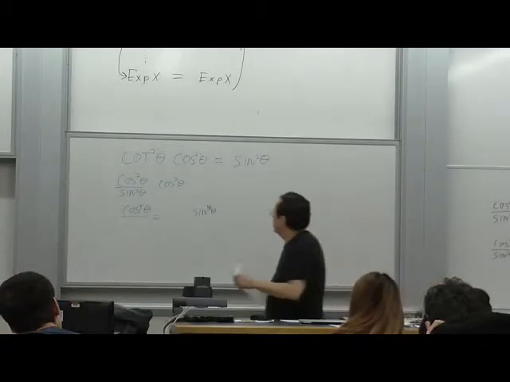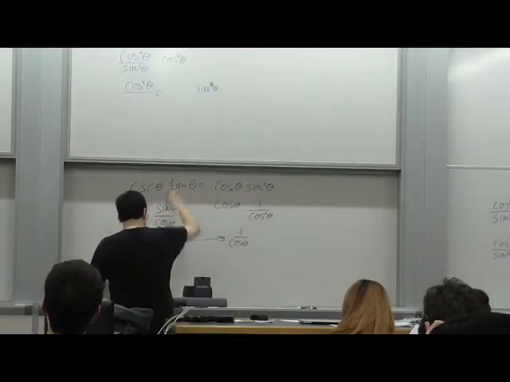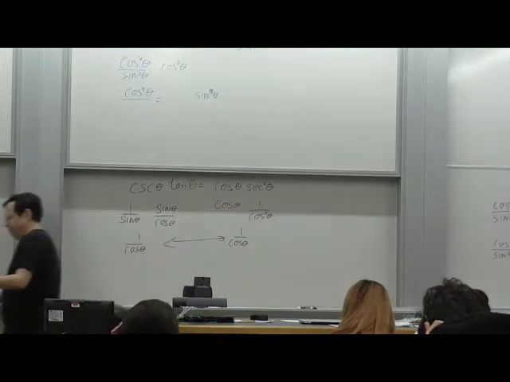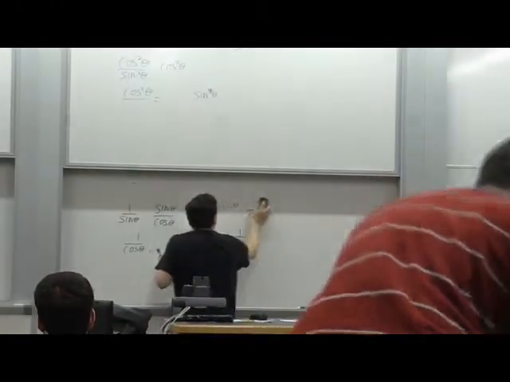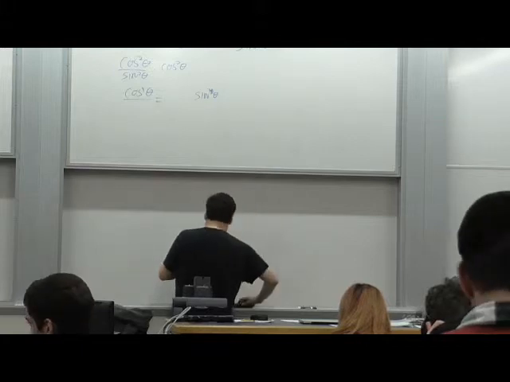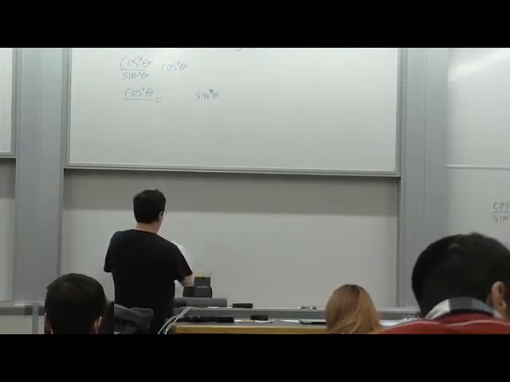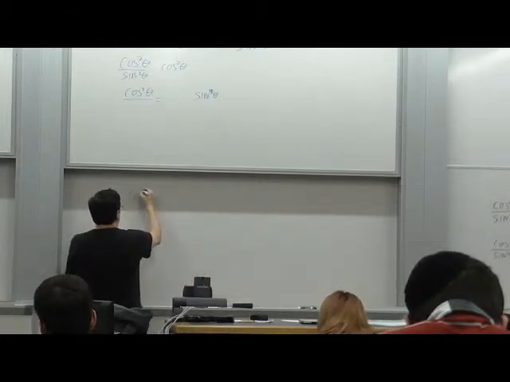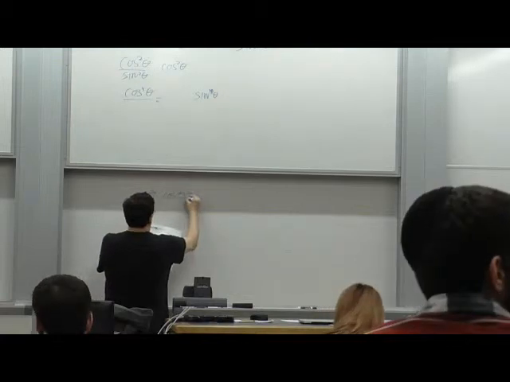There's another one in the book just like it. The one in the book says cotangent times cosine equals sine. Yeah, you gotta get it.